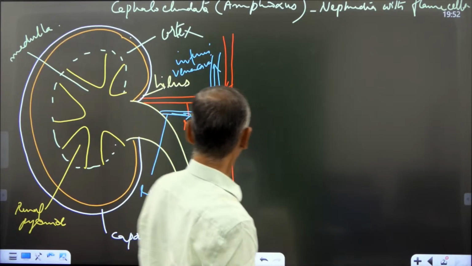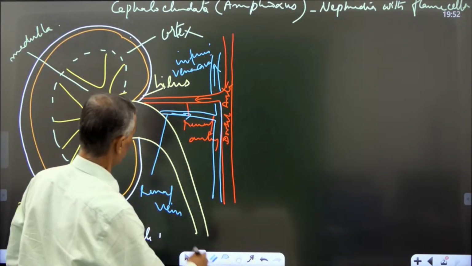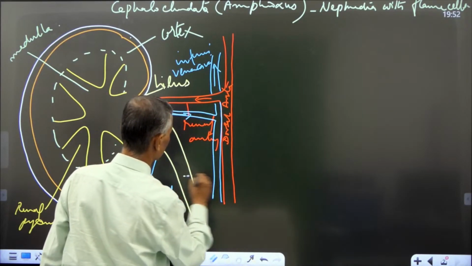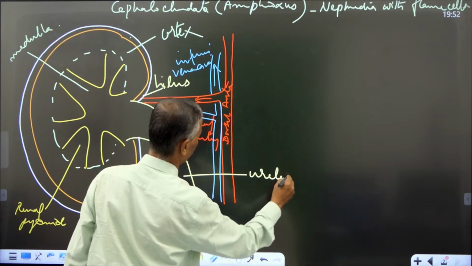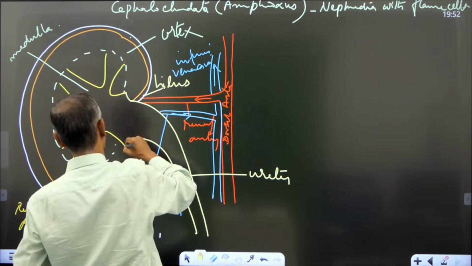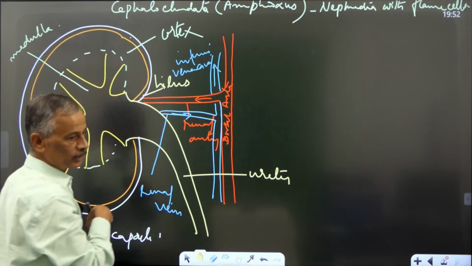And see, the ureter is taking its origin. This is the ureter duct. It is opening in the form of a wide funnel-like mouth into the kidney.